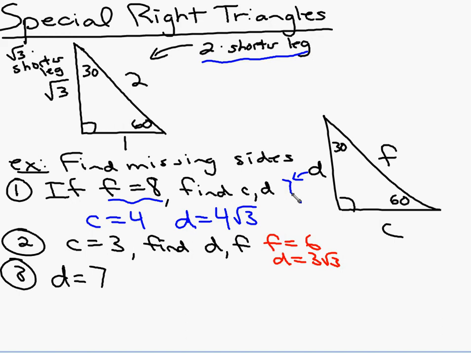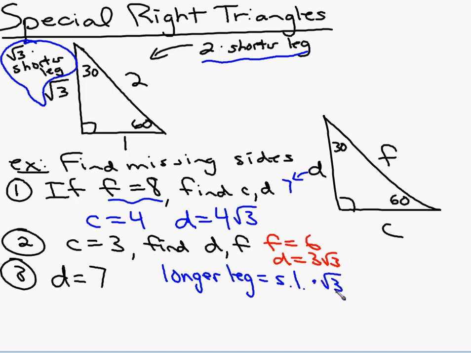So we're working backwards a little bit. Here's how you have to approach this. You have to use this little piece of information right here, and I want you to actually write this down. The longer leg is equal to the shorter leg, which I'm just going to put SL, times radical 3. The longer leg is equal to the shorter leg times radical 3.